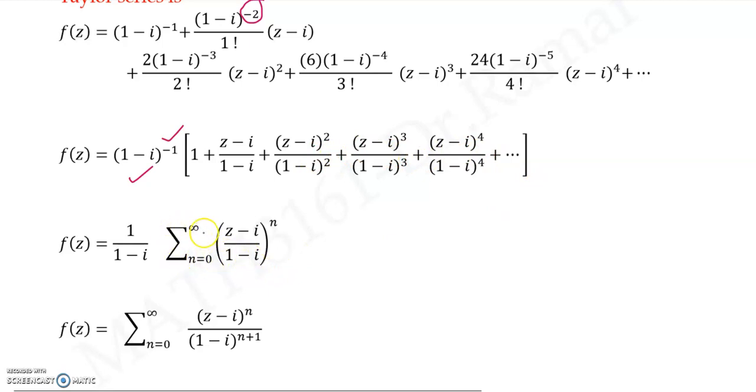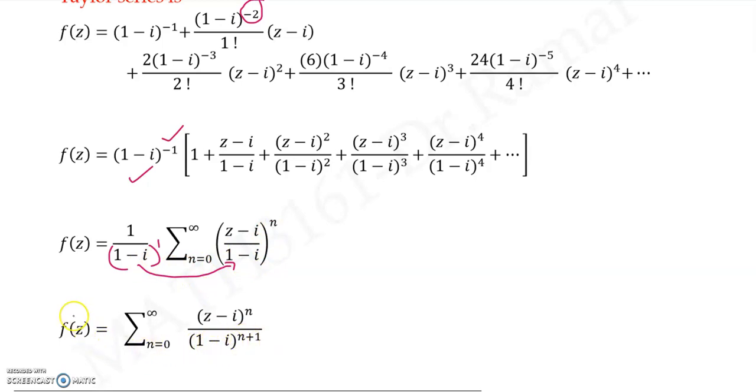That is sigma n equals 0 to infinity x power n. We have seen in the first slide the rule. So x is nothing but (z minus i) by (1 minus i). Now here (1 minus i) to the power 1 is in the denominator. So now this and this you can join. The degree of this term is n, this is 1, so I write (1 minus i) whole power n plus 1.